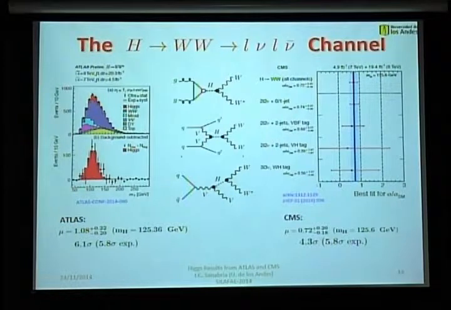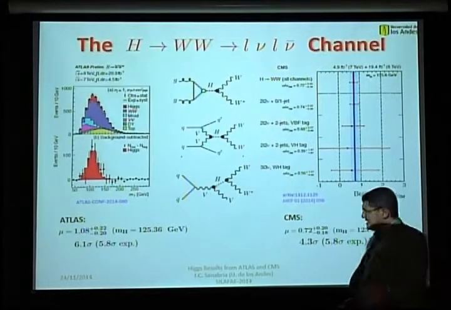The next channel is the WW going into leptons and neutrinos. The presence of neutrinos makes things harder, so this channel has lower sensitivity. So here the idea is not to identify a peak on some invariant mass plot, but to assume the existence of a Higgs, knowing that there is Higgs, and here are the values of the masses used by each experiment for this analysis.